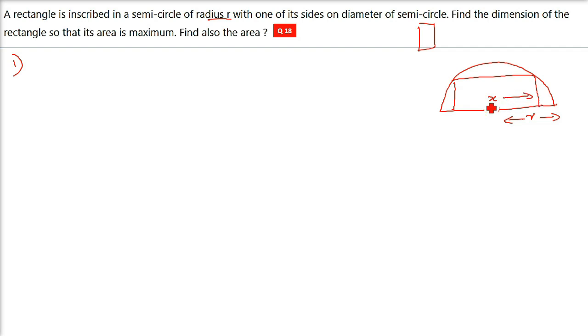Let us say x is the base and y is the height, or you can call x the length and y the breadth, which is popular when we deal with a rectangle. Now we need the area to be maximum, but before that we need a certain relationship, because small r is already given. x and y we have imagined by ourselves.